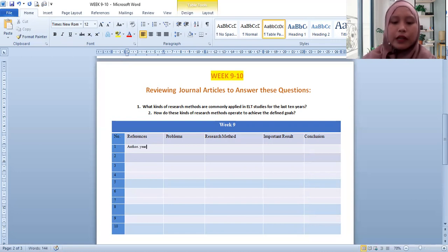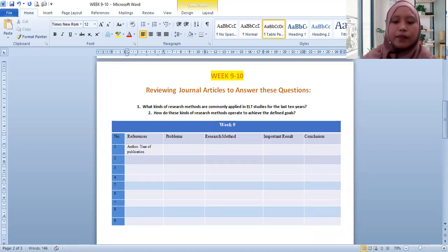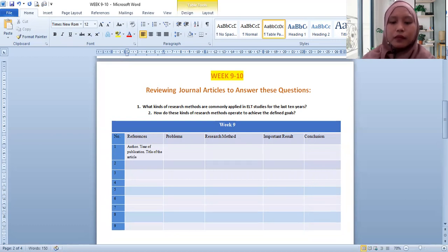The third one is the title of the article. Okay, the title of the article.